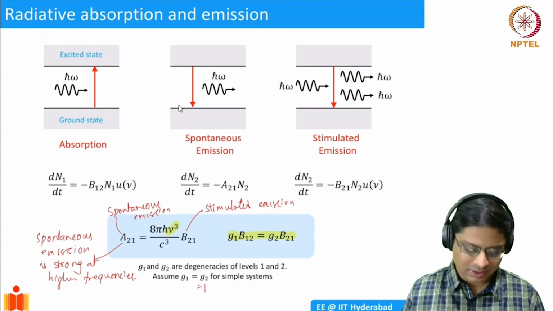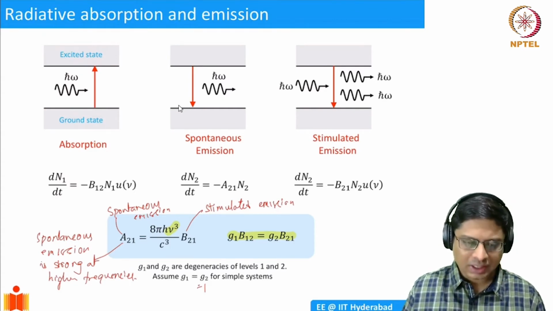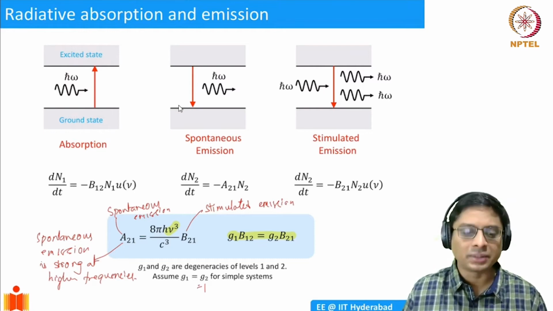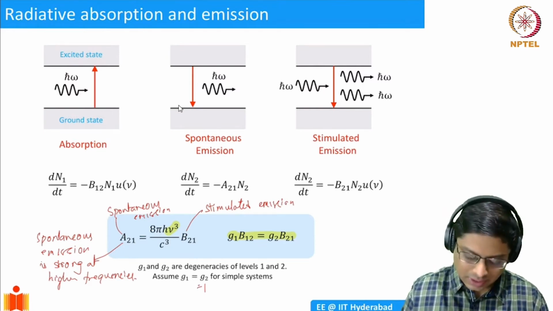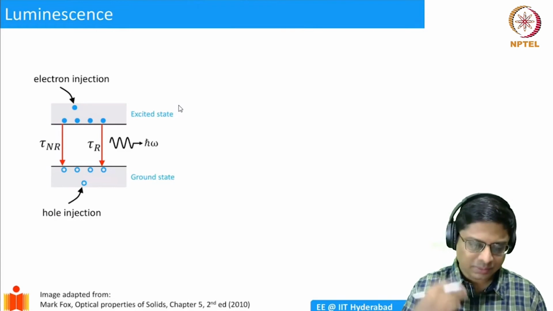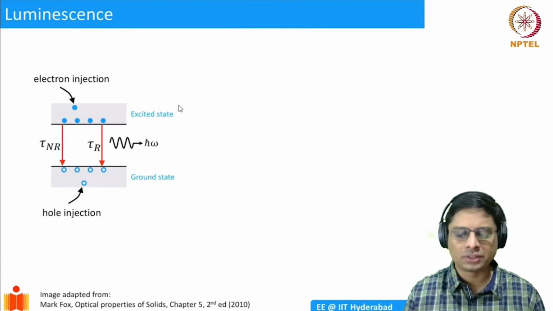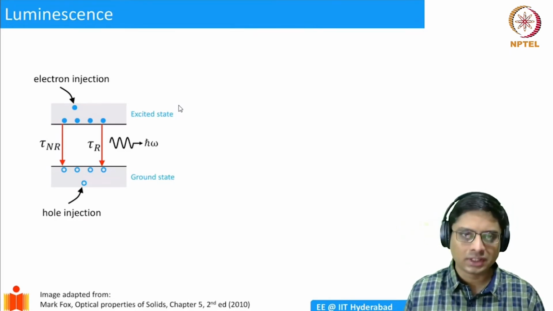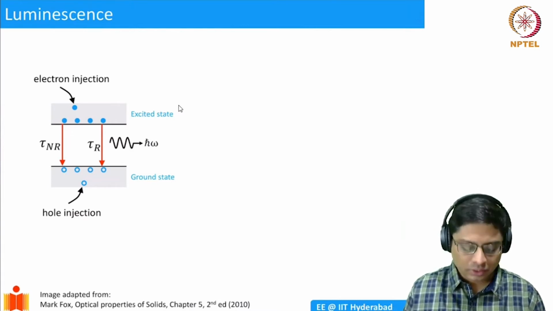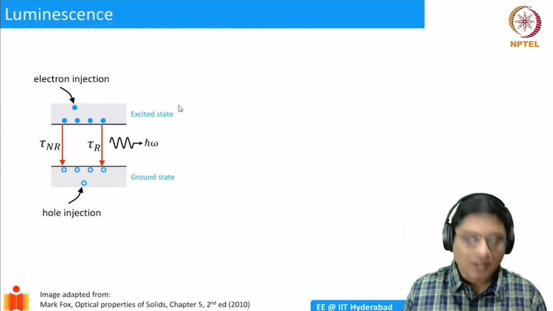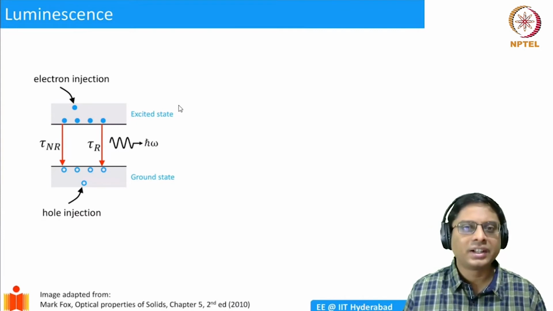Of emission and absorption of radiation. Let me take one more step forward, and essentially this process of emission of photons is called luminescence. We talked about emission, but we just want to understand it in greater detail.